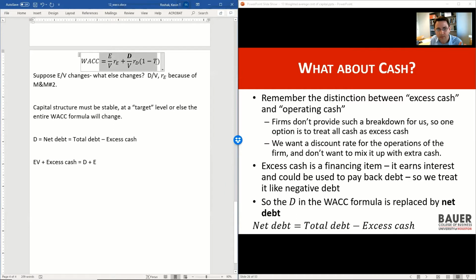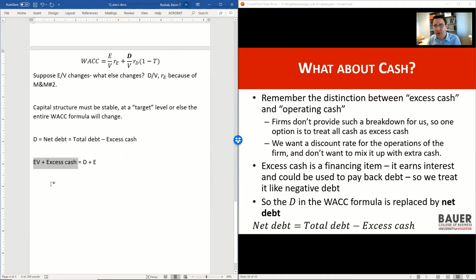We're going to be getting the average return on both the cash and the enterprise value. If you take the weighted average return on the debt and the equity, that's going to be the weighted average return on the assets and the cash.